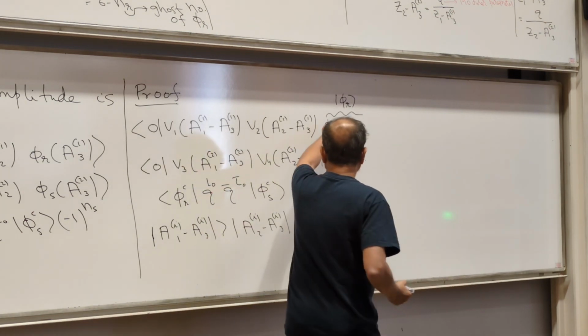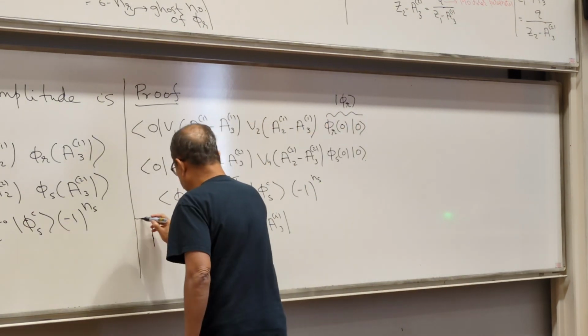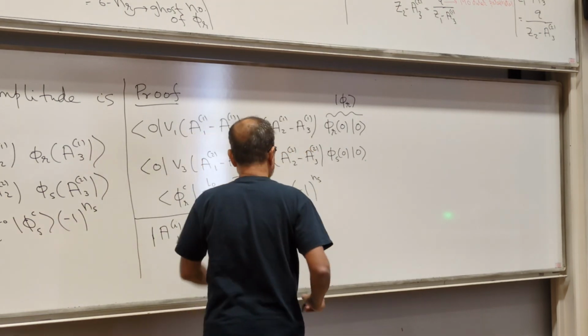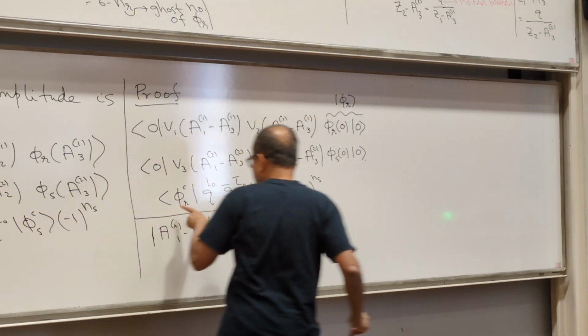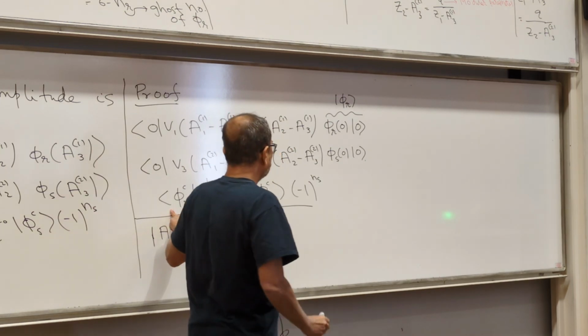So then we can combine the first and the last line, because we have a complete set of states, relation phi r, c, we can replace by identity. Okay.